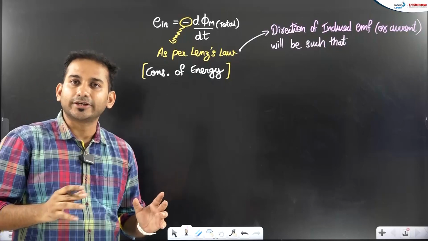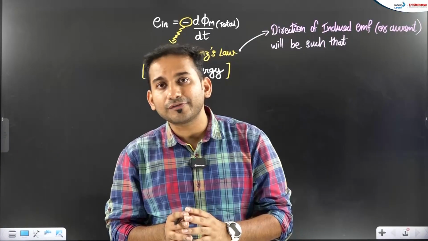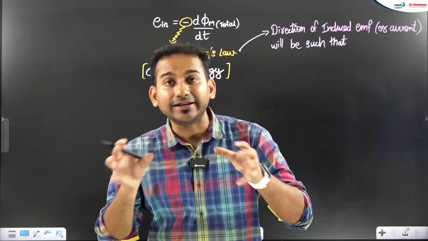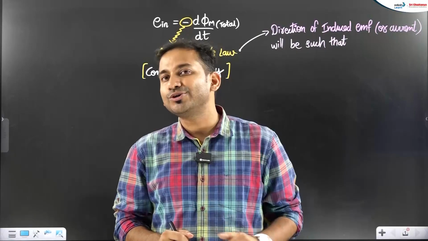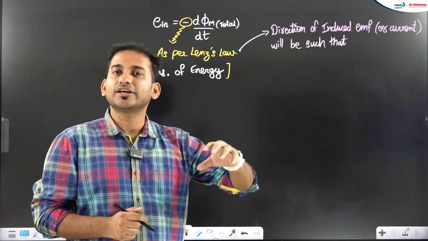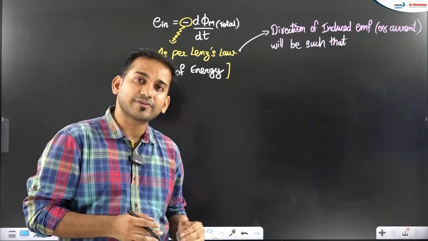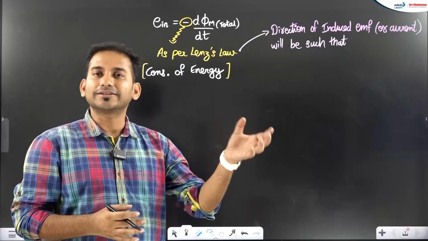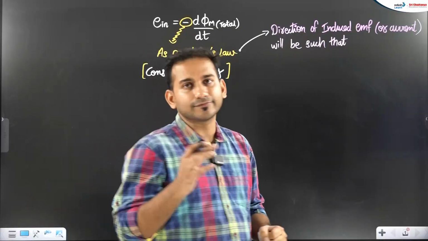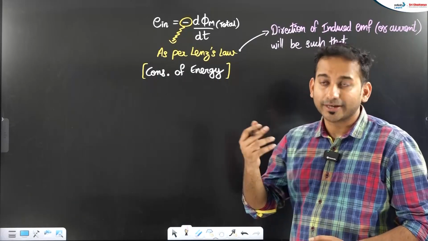In the entire unit of electromagnetic induction, the preference is always the maintenance of the flux. You don't want to change the flux. If flux is increasing, then the induced EMF or current will be such that it will try to reduce the increased value so that the flux will be maintained again. And if the flux is decreasing, again the induced EMF or current will try to increase it.